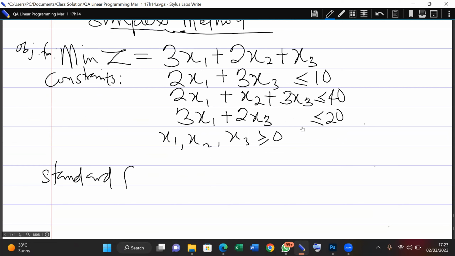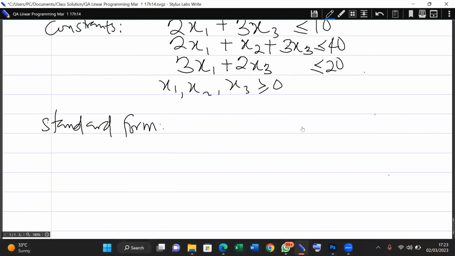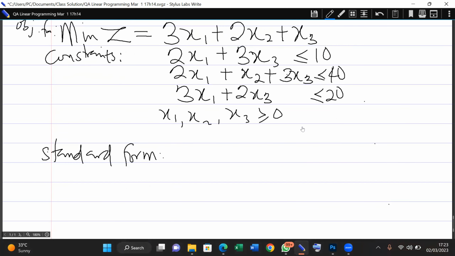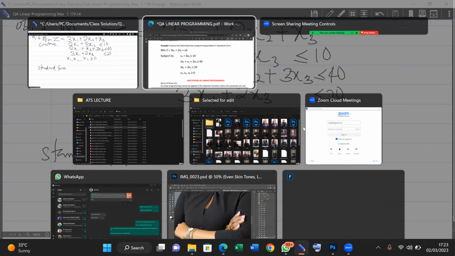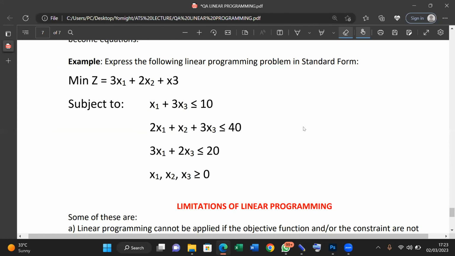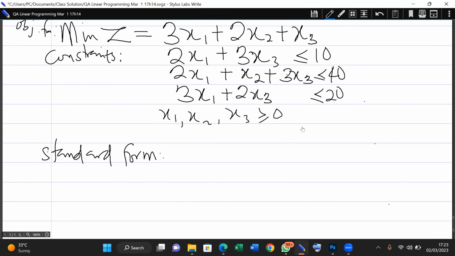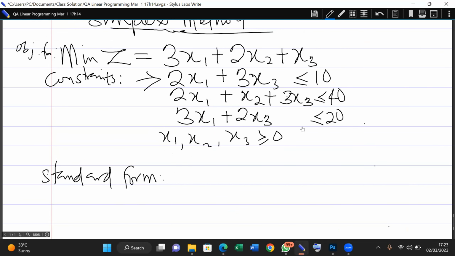Hello? Yes, ma'am. This one, the constraint, is x1. There's no 2 in front of it. I didn't get that. The first one, the constraint is just x1 plus 3x3. This is the first one.